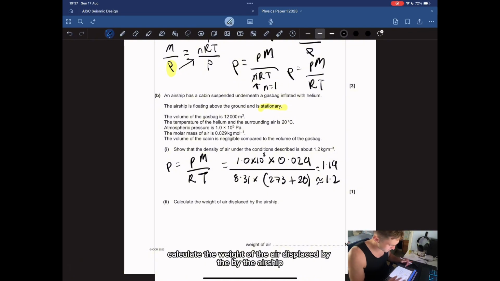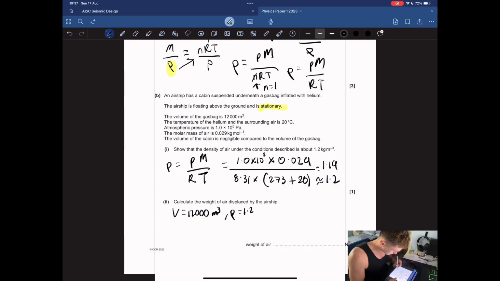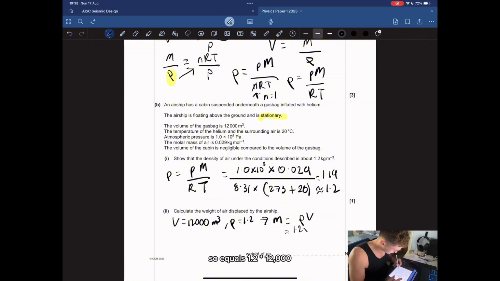Calculate the weight of the air displaced by the airship. So we have a volume of 12,000 meters cubed and a density of 1.2. So we can say that mass equals density times volume. So that equals 1.2 times 12,000, which is 14,400 kilograms.